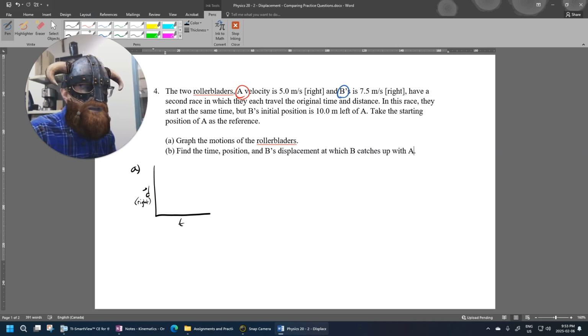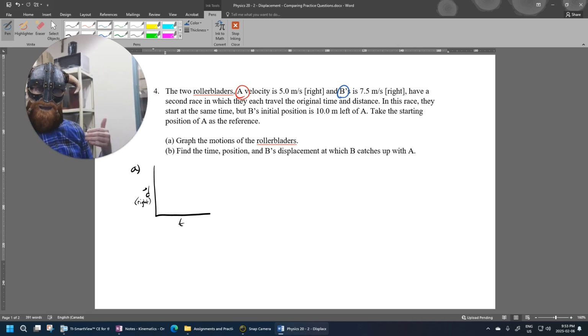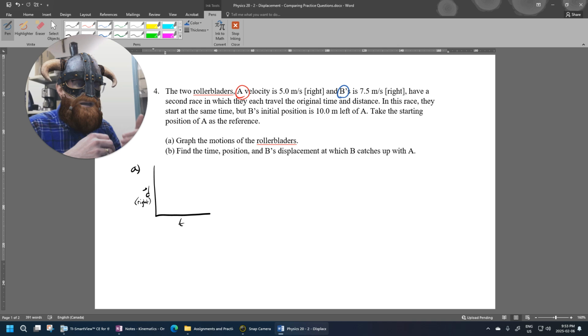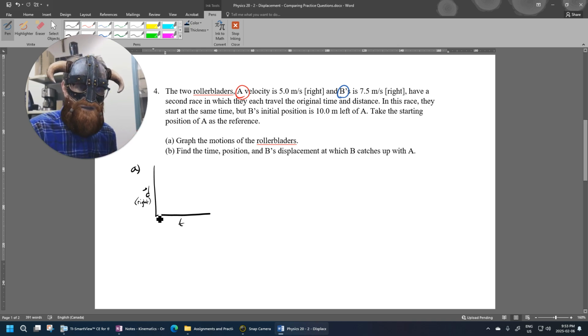But B starts to the left. So B starts further back. So we're using A as a reference though. So we have a kind of weird situation here. A is a reference. That means A is our origin essentially. So we're going to start A here, and they're going to move in the right direction.